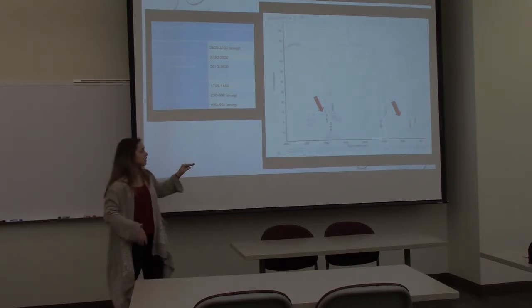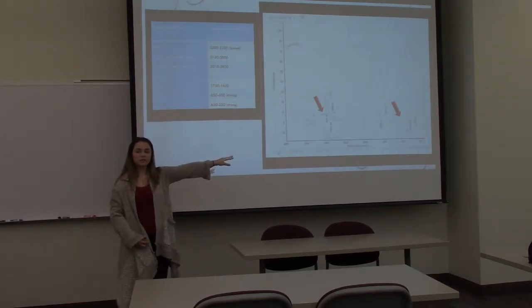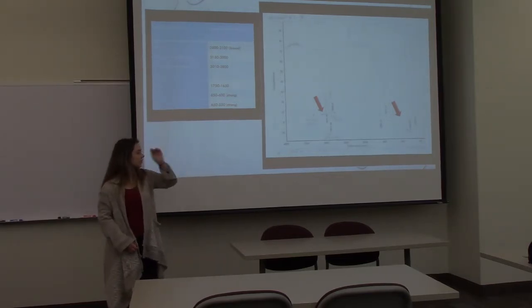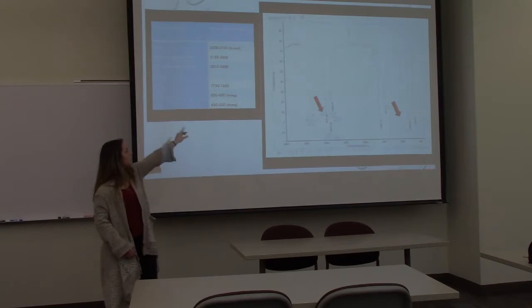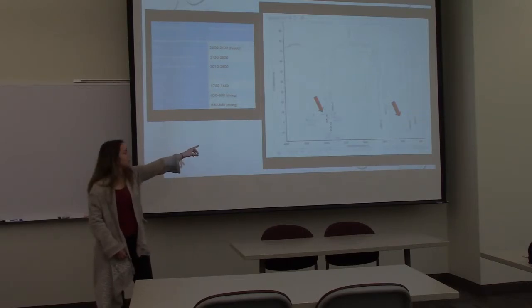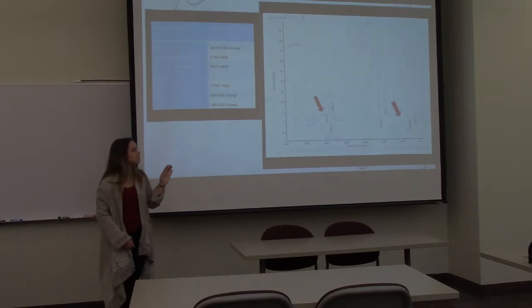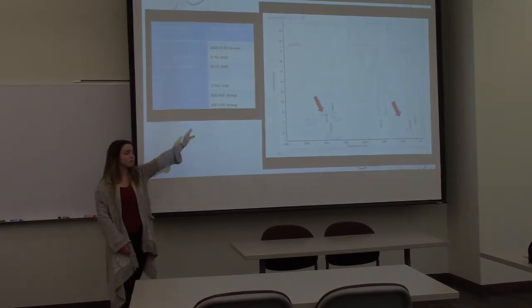So this is one of my unknown compounds, and this is the IR that we got for this compound. And as you can see, based off of these ranges here, the measurements in inverse centimeters of the peaks that lie on the graph correspond to different functional groups.